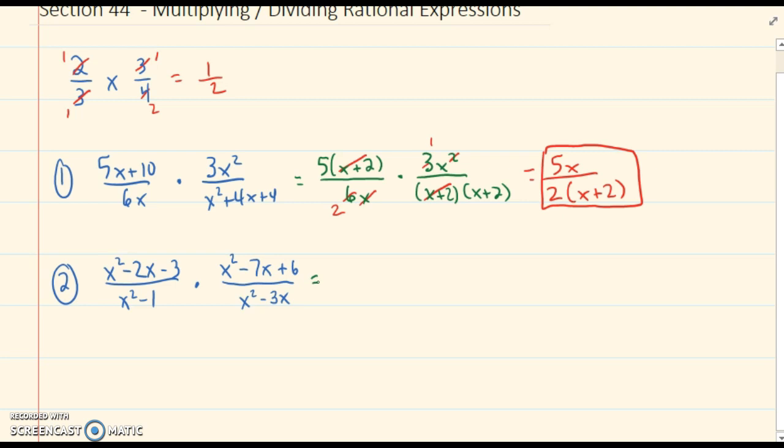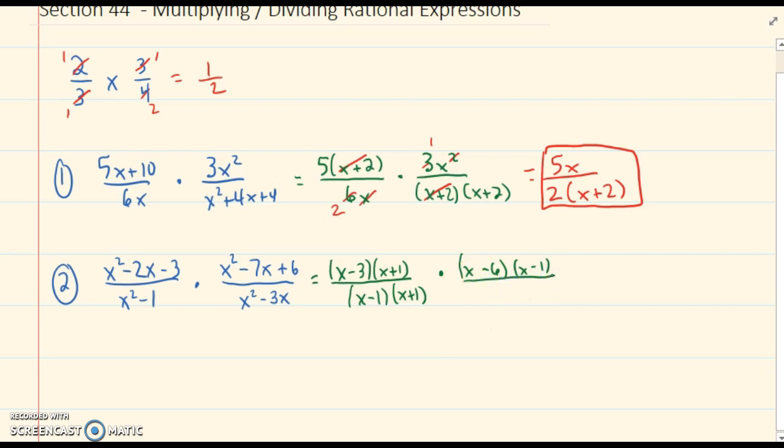If I can't, I'm looking to factor. There's no greatest common factor between these three terms, but it's going to factor to x minus 3 times x plus 1. Directly beneath that, I've got x squared minus 1. Again, no greatest common factor, but it will factor to x minus 1 and x plus 1. In the numerator of the second fraction, no greatest common factor, but it factors to x minus 6 and x minus 1.